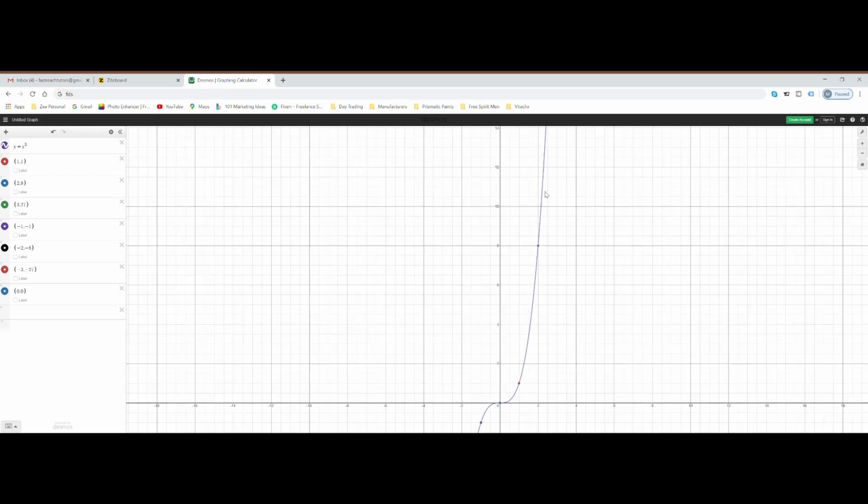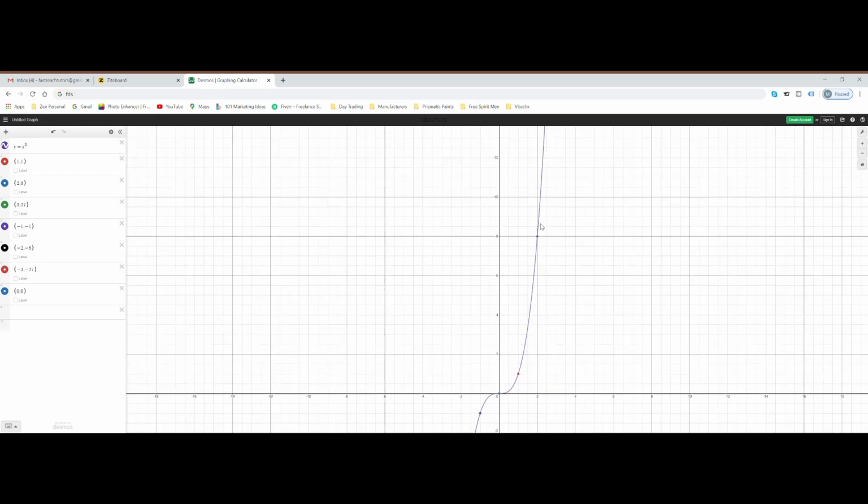So here we would draw a line at this point, very close to... pretty much that is where the tangent would be, exactly where my line is going.